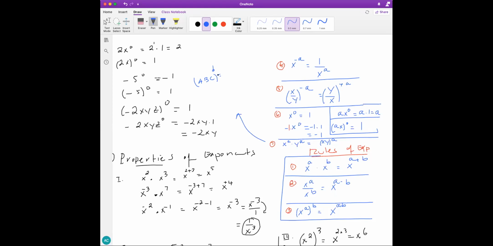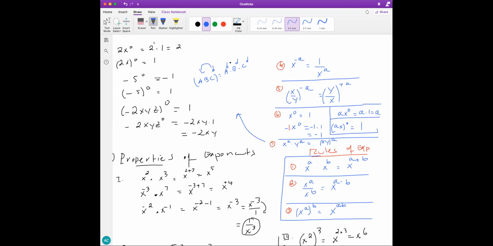If you wanted to expand this and write each letter by itself, what do we do? We can distribute this power to everything inside. The d, because of the parentheses, belongs to all of them. So we can write each one to the third power. We can distribute that power like this: a to the d, b to the d, and also c to the d.